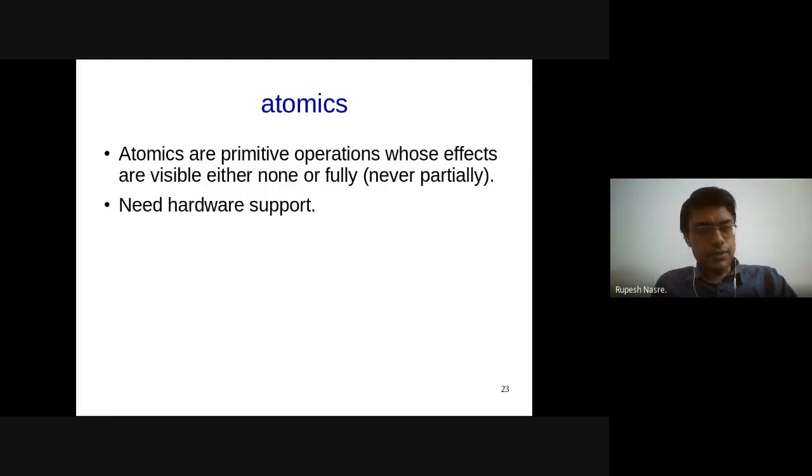Therefore, you don't have to worry about any intermediate state being visible to other threads. In some earlier architectures, double was not atomic. If you were writing 8 bytes of a double, 4 bytes would get written by one instruction and then 4 bytes by another. Then the intermediate state might be visible, and we would require different mechanisms for parallel programs where a double was getting written. Thankfully, that is not the case now.